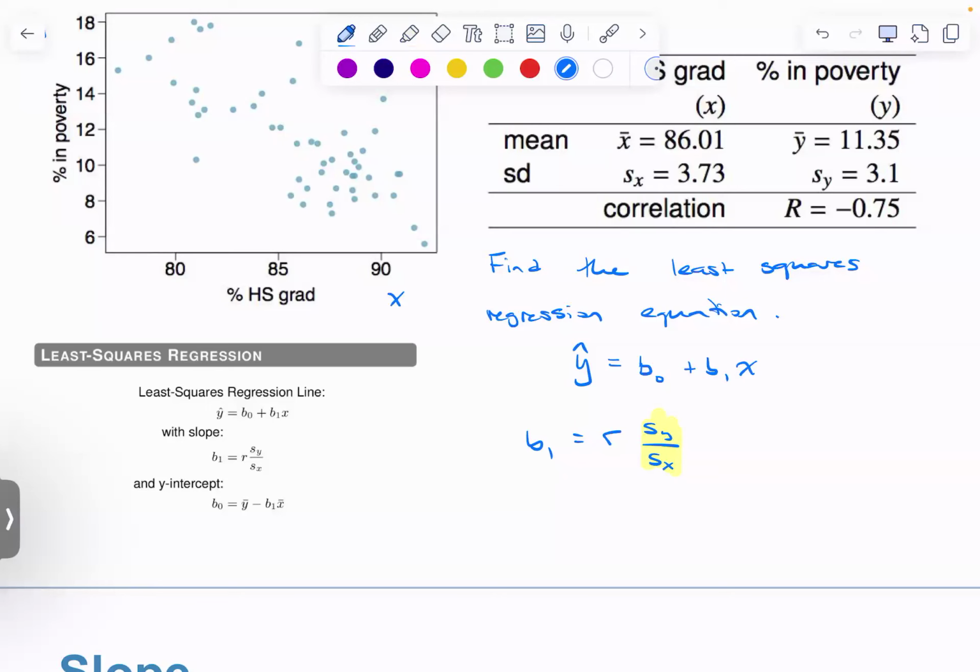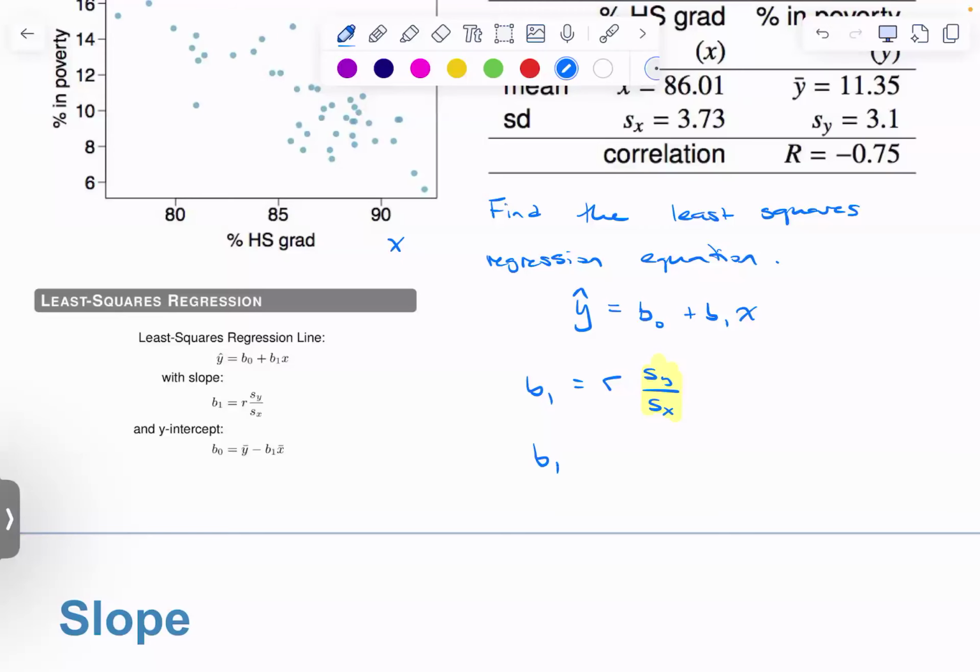Let's think about standard deviations. Standard deviations are always positive because they're the spread. You can't have a negative spread, right? And so the way that I can get a negative slope is through the correlation, right? That tells me I have a negative relationship because sy is always positive and sx is always positive. And so how I get that negative on the slope is through the correlation.